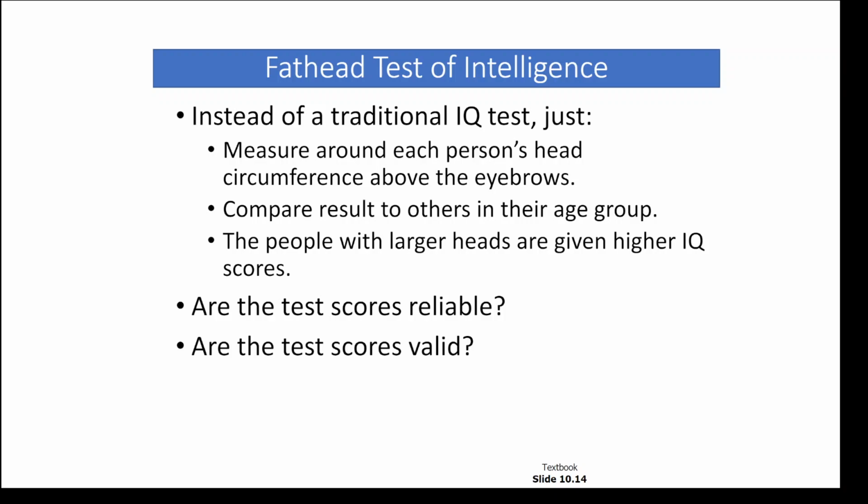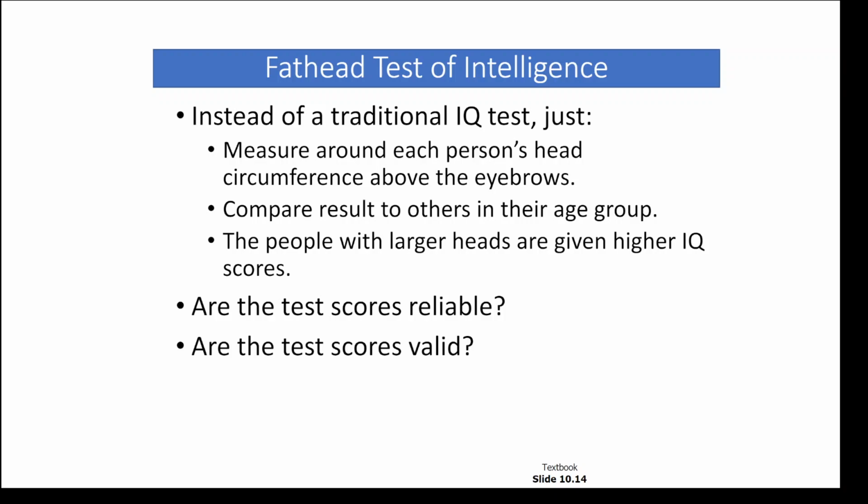Are we sure that we're gonna get the same answers every time? Like, are people with bigger heads pretty much always gonna be smarter? And then, are the test scores valid? Like, is this really measuring intelligence, or is it just measuring how big-headed people are?